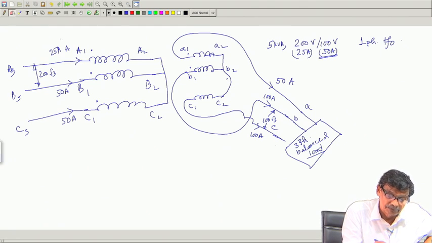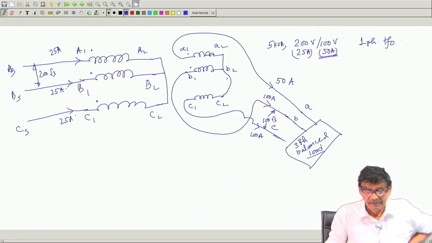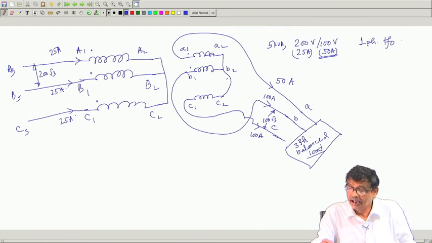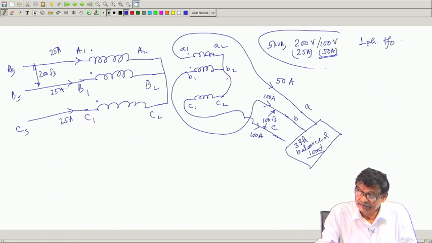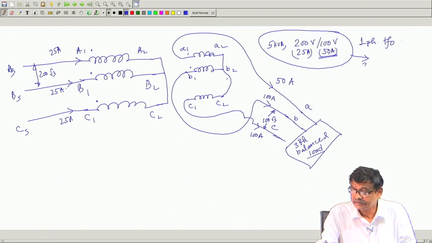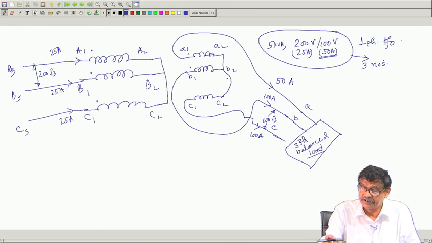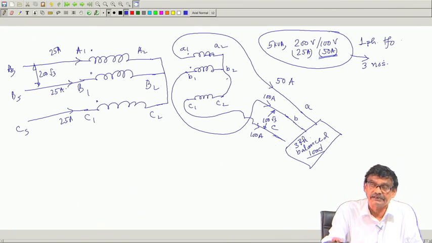So, this is how it will be: 25, this is also 25, this is also 25 ampere. So, I have taken 3 single phase transformers whose rating is this.